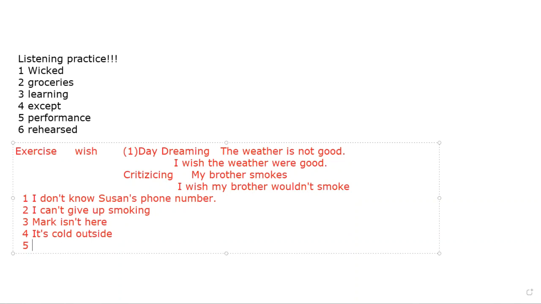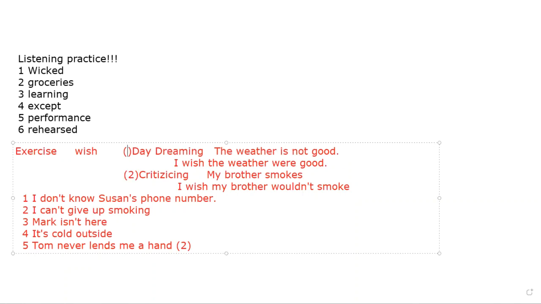5, Tom never lends me a hand. Now, we are going to work with situation number 5 with criticizing. Number 2. Well, let's change it so as not to be confused.